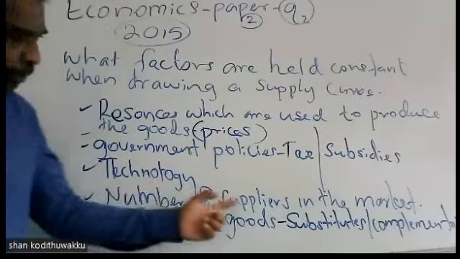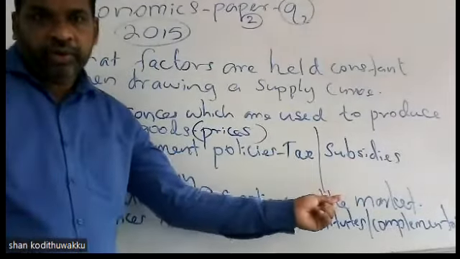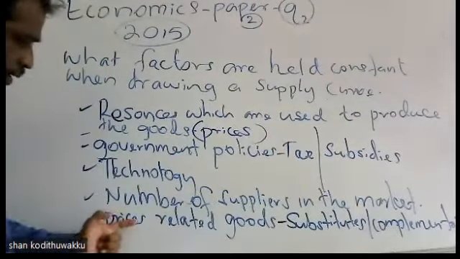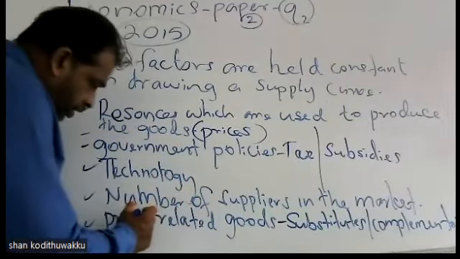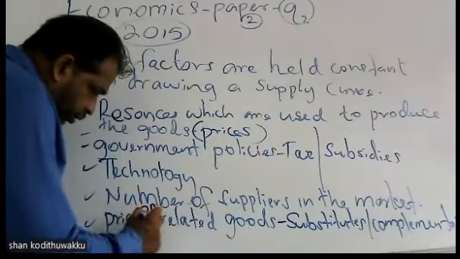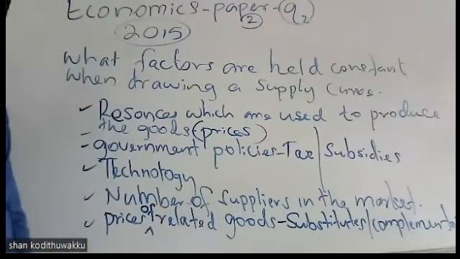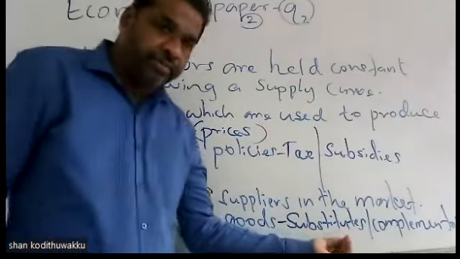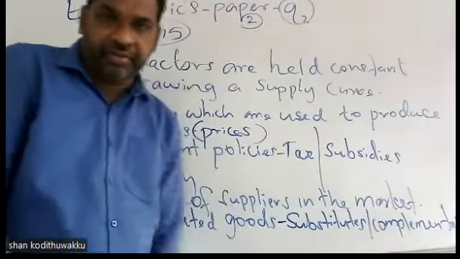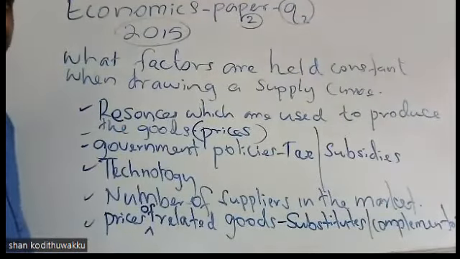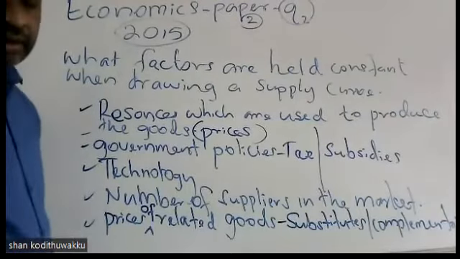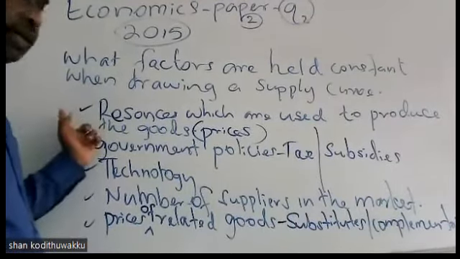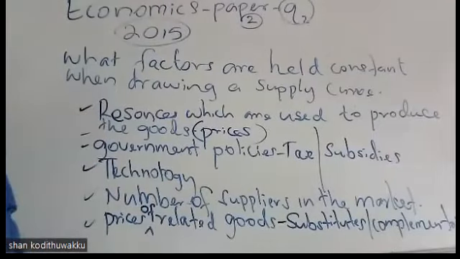The number of suppliers in the market also should be held constant. Then prices of related goods, for example, prices of substitute goods and complementaries. That is the answer for question number 2, 2015, part A.